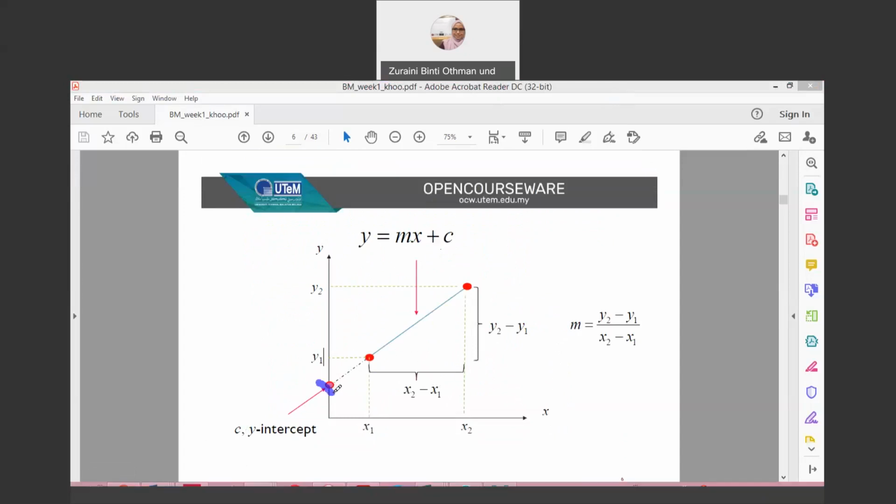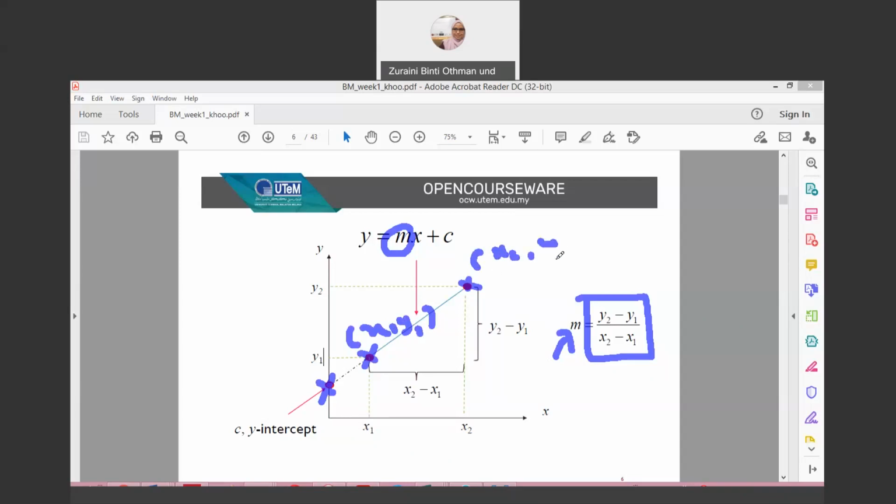When we want to find m, the gradient, we choose two points here, the first red point and the second red point, and from these two points we solve this formula, then we get the value of m. x1, y1 is the coordinate of the first point, and the coordinate of the second point is x2, y2.